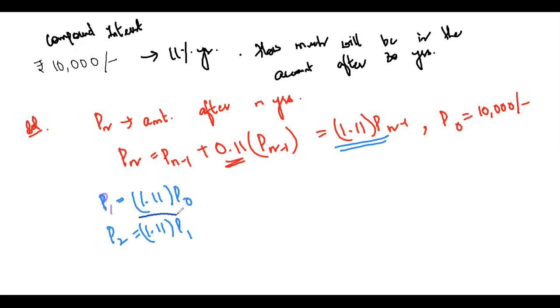What is the value of P1? Take it from over here. So P2 will be 1.11 into 1.11 into P naught, which is simply 1.11 squared into P naught.